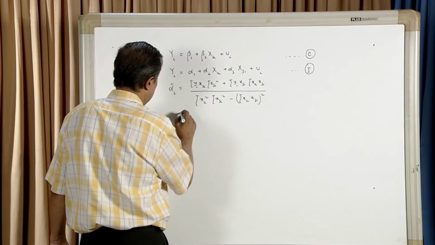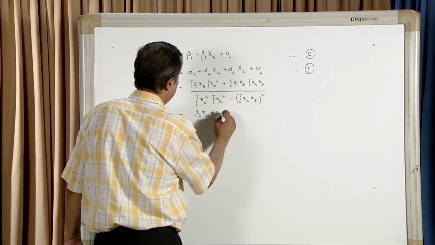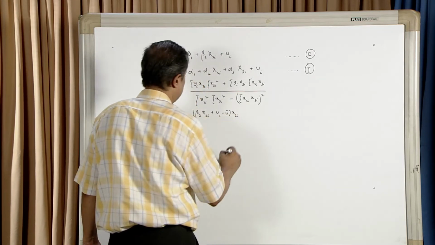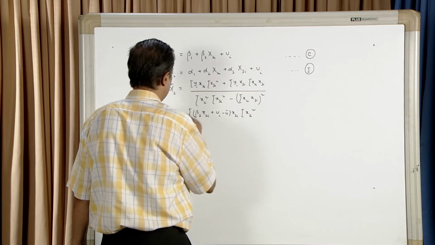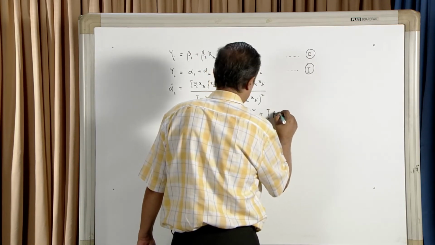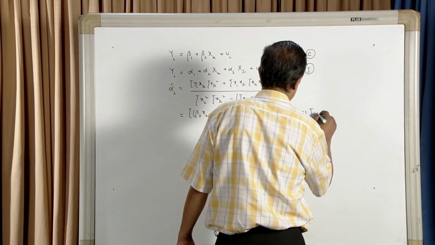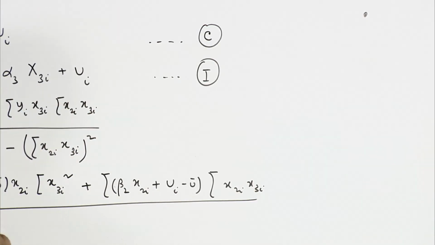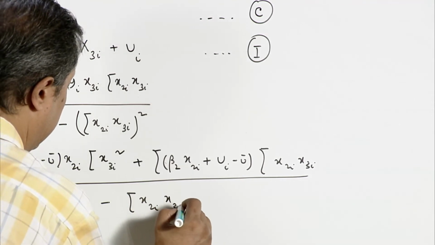So, substituting yi, we will get beta 2 small x2i plus ui minus u bar, that is small yi, times x2i, and we multiply this with x3i square, plus again yi, that is replaced by beta 2 small x2i plus ui minus u bar and multiplied by x2i x3i, all upon summation x2i square summation x3i square minus summation x2i x3i whole square.